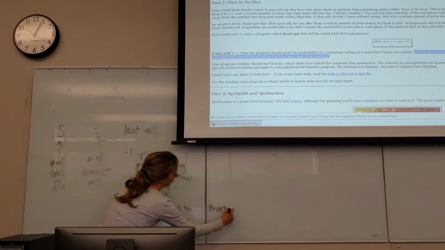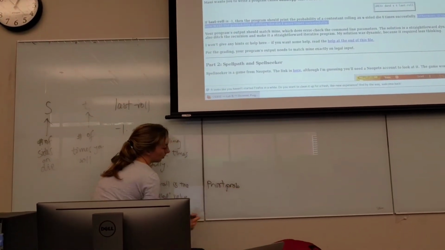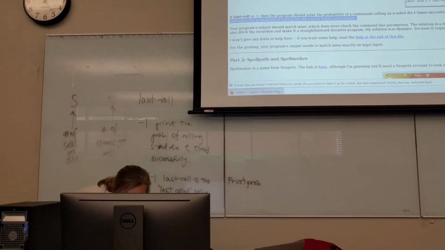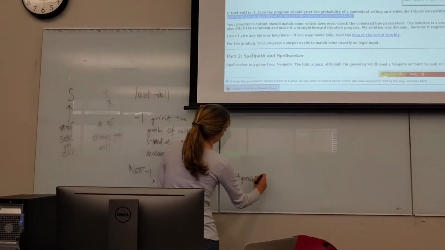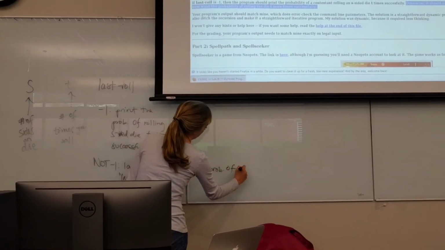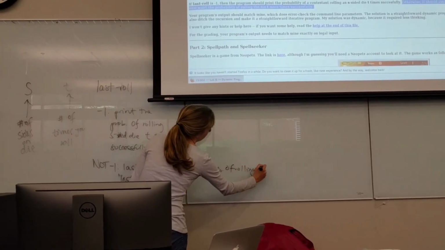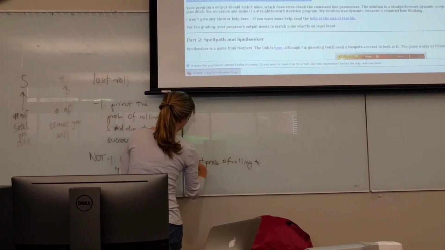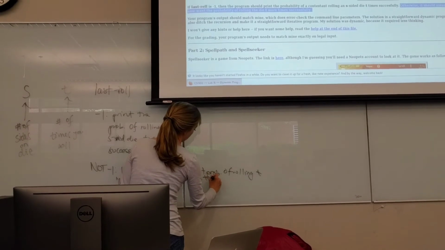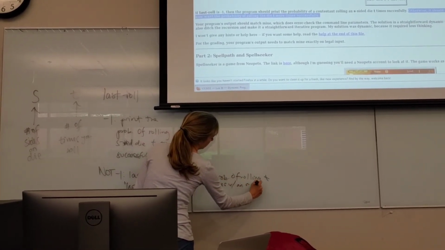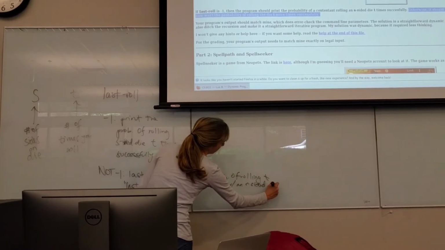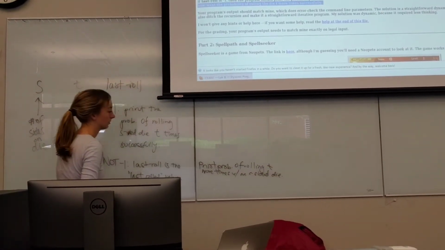Print the probability of rolling T more times successfully with an S-sided die.